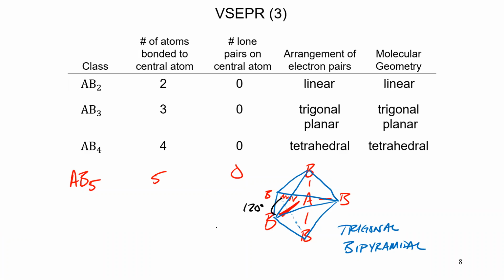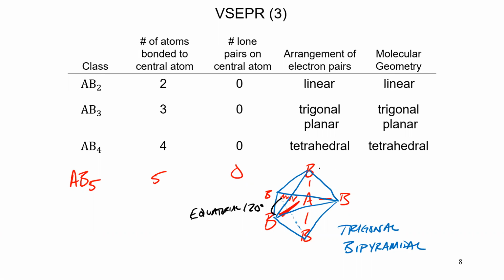If we think about this as a globe, right? The top and bottom B form our axis, and those three in that triangular position form our equator. And so we call these equatorial. And so the equatorial bond angle is 120.